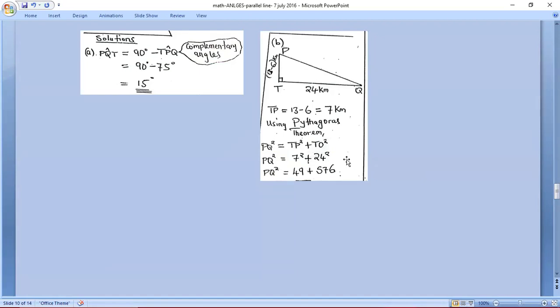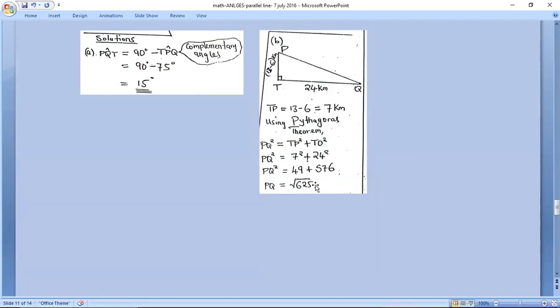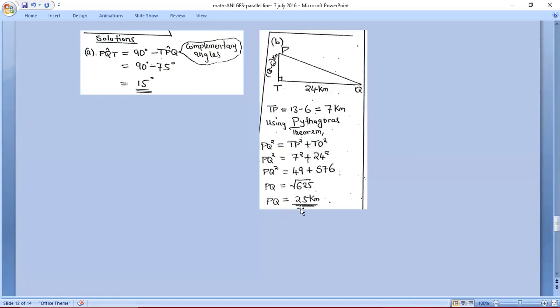For 20, it's 400. Yeah, so when you add these two, it gives us 625, and the square root of 625 is 25 kilometers. By the way, this is more of social arithmetic in that we only pick positive answers. Remember, a square root always gives you two answers, plus and minus.